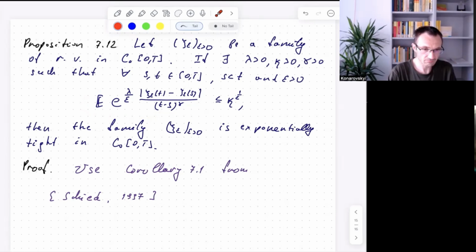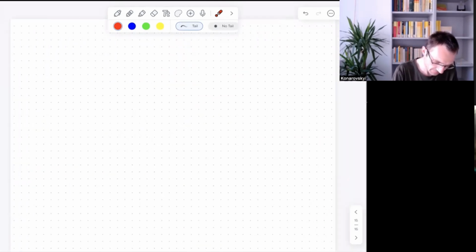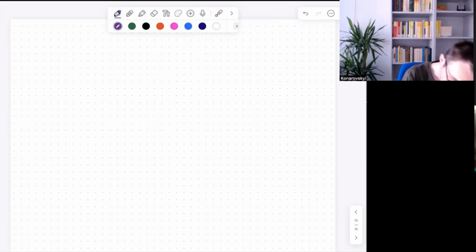And now let's show that for the Brownian motion, we can find constants lambda, kappa, and gamma for which that inequality is satisfied. It is not complicated to do. That will be formulated as a lemma.